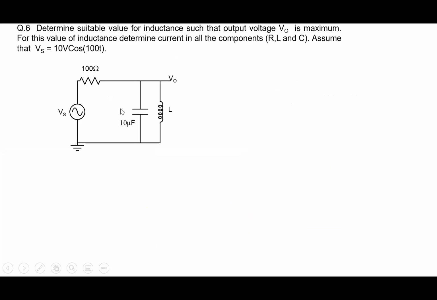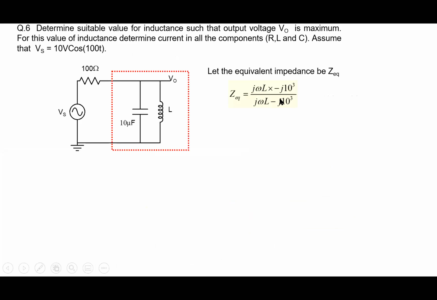Related to that is the parallel LCR circuit. In the parallel LCR circuit, we have determined a suitable value of inductance such that output voltage V0 is maximum. And this is one element, and you can combine the LC into another element, and let's say the equivalent impedance is Z equivalent here. So we can write this out.